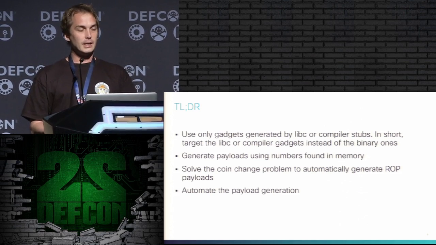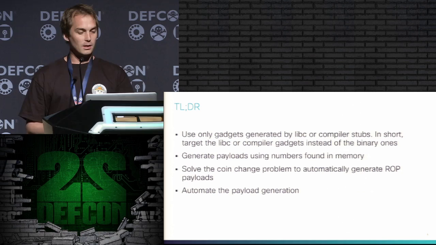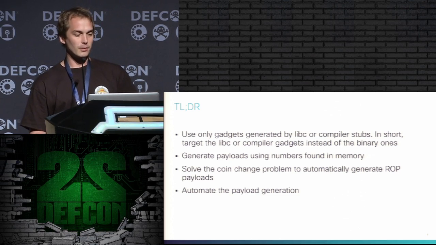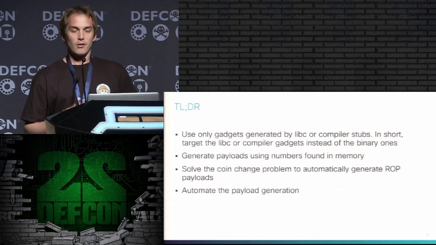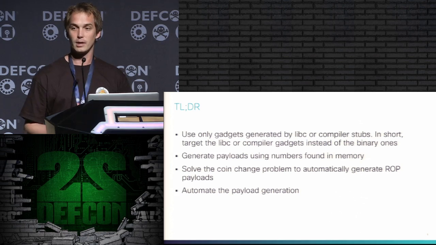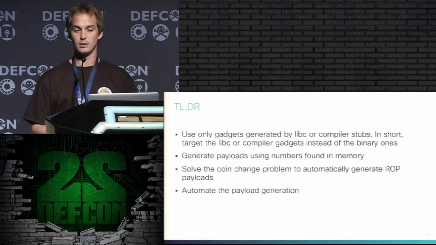I'll just come back a bit on what I wanted to achieve also. What I wanted to achieve was to only use gadgets from the compiler or libc stubs. So as I was saying, when you look for gadgets and instructions, you're going to get your program to use them.